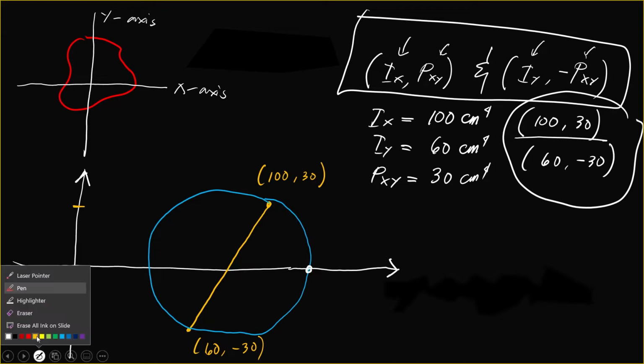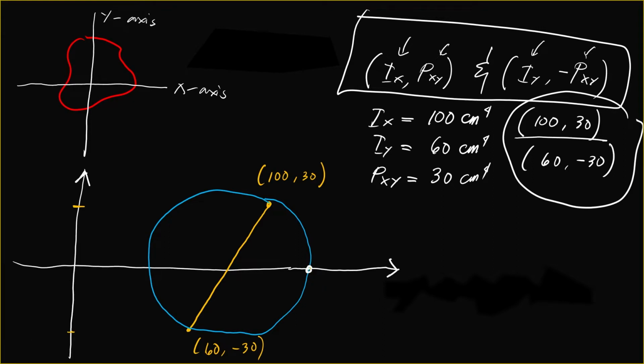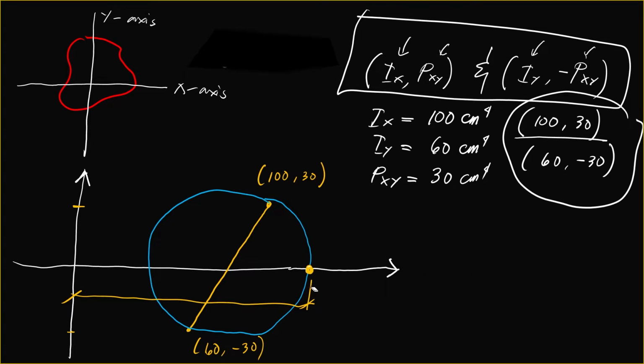So just by looking at it, malalaman natin ang maximum. Let me use another color. This one. The maximum moment of inertia is yan. Ito ang distance from that point, mula dito sa origin, ng ating x and y axis. Ito ang maximum moment of inertia. Okay? So ito ang maximum because that's the point on the Mohr circle which is the farthest away from the origin of your x and y axis.